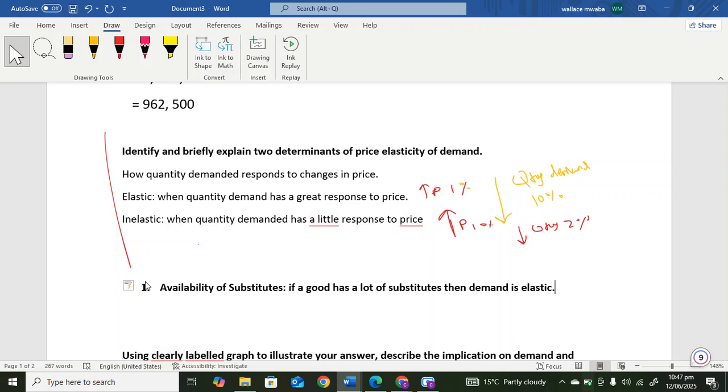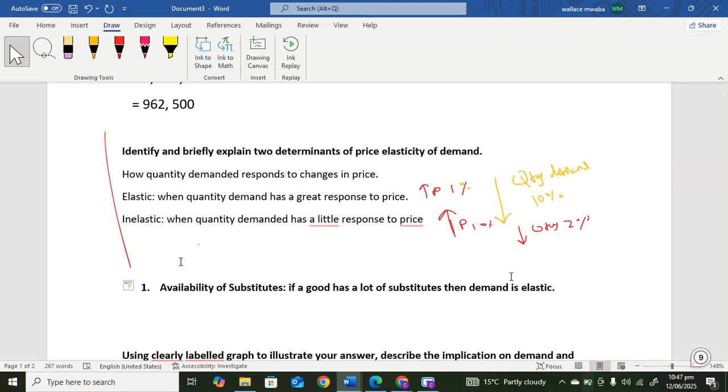Think of this. Let's look at soft drinks. Coca-Cola has got many substitutes. So if the price of Coca-Cola increases by, say, 10%, people are going to switch and buy cheaper drinks, because there are a lot of substitutes. People can do without Coca-Cola. They don't need to be subjected to the price increment, so they'll switch and buy other goods.